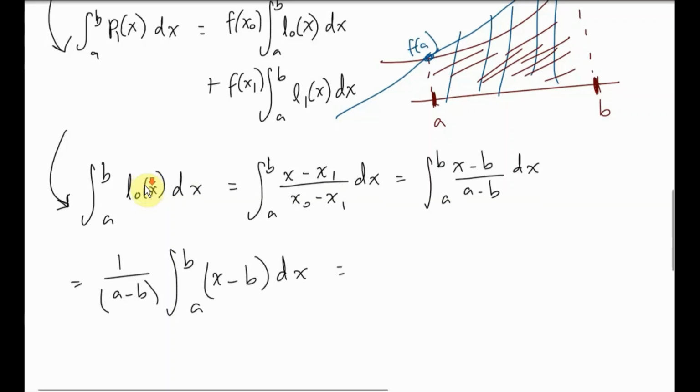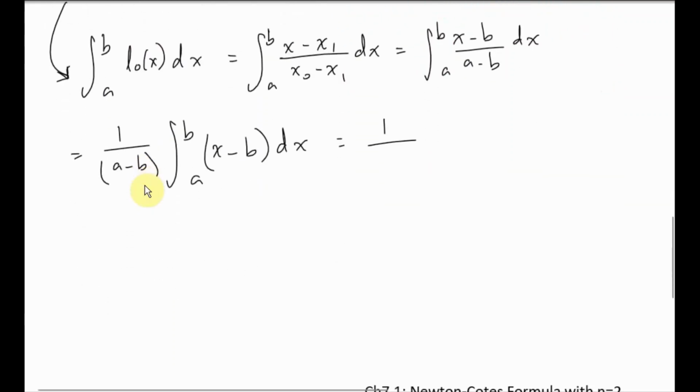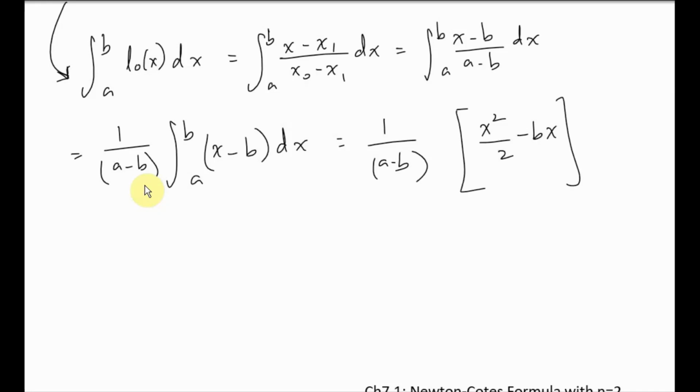If you perform the integration, we're going to end up with this quantity, x squared divided by 2 minus bx. Right? Oops, sorry. There we go.